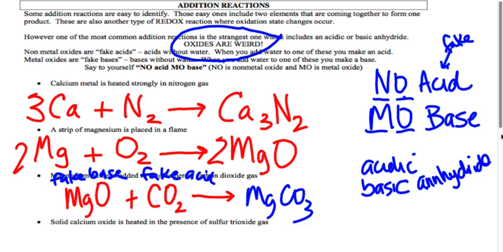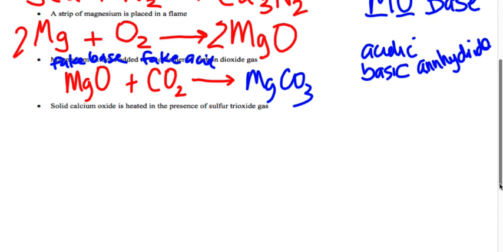So let's try this next one on the sheet. Whoa. Solid calcium oxide. What's the formula for that? CaO is heated with, take out in the presence because that insinuates a catalyst, heated with sulfur trioxide. What is that? SO3.